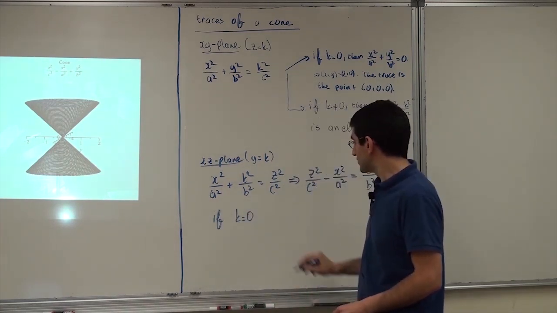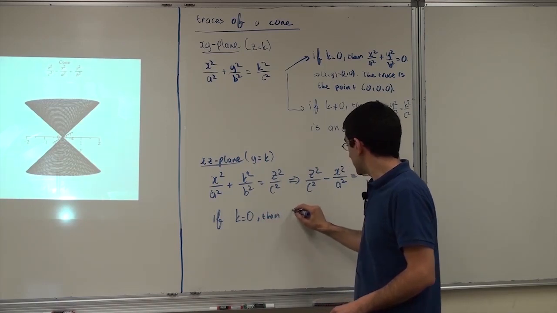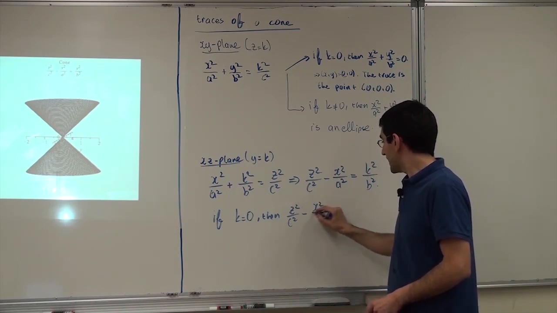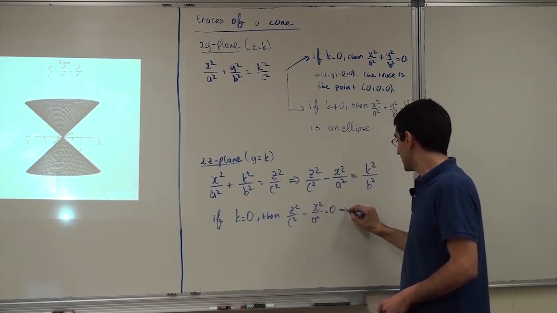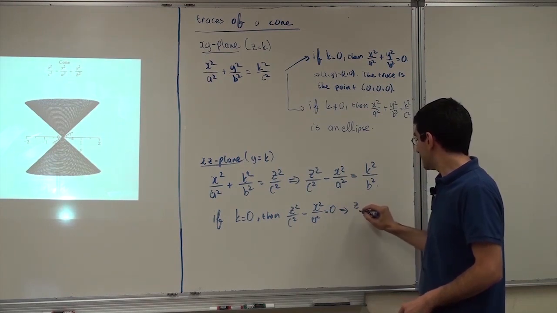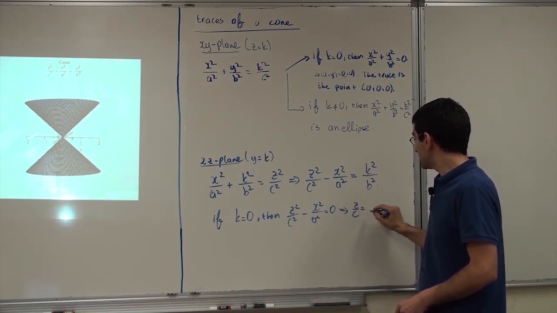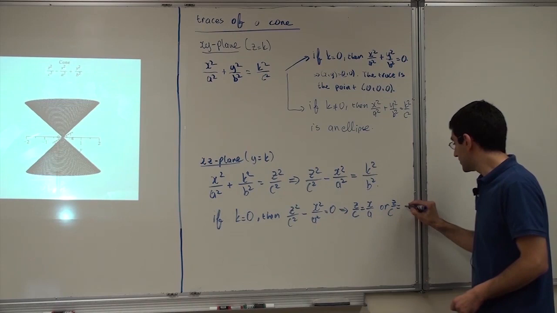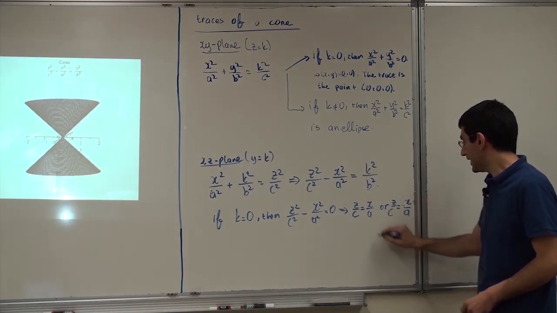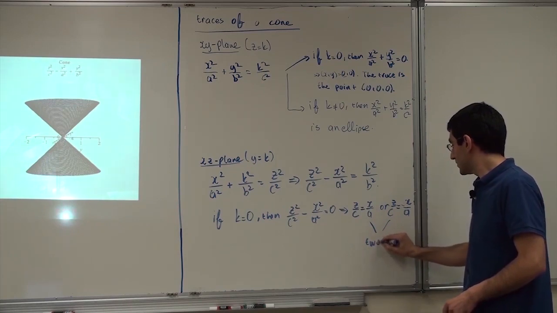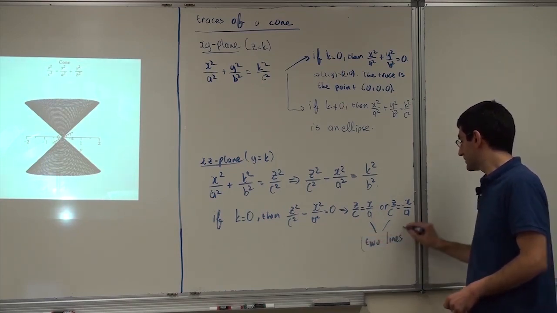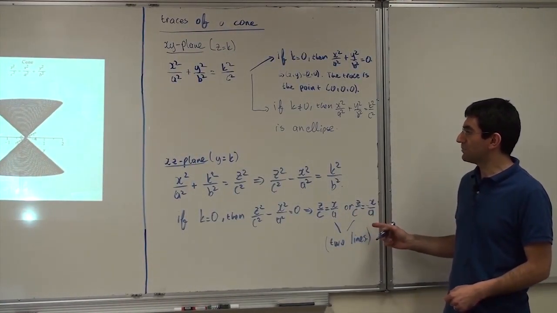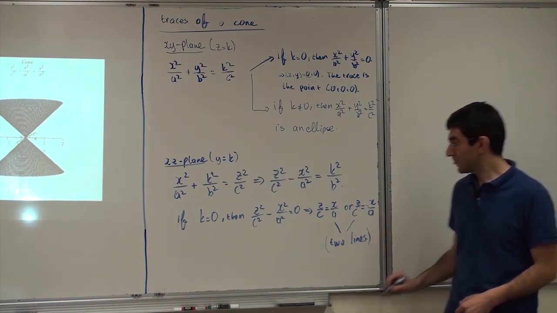If k is equal to 0, then the intersection equation becomes z squared over c squared minus x squared over a squared is equal to 0, from which we get z over c is either equal to x over a or z over c is equal to negative x over a. And these are two lines. So, in case k is equal to 0, the trace along the xz plane is two lines.